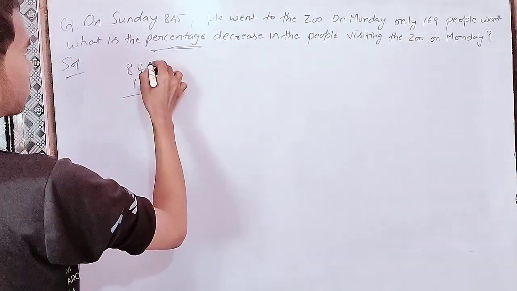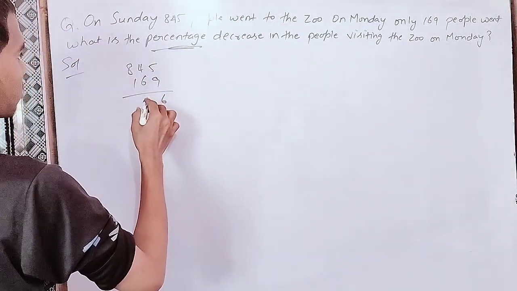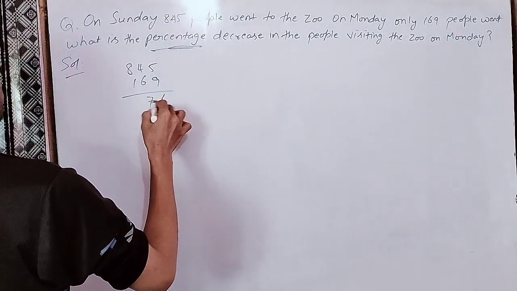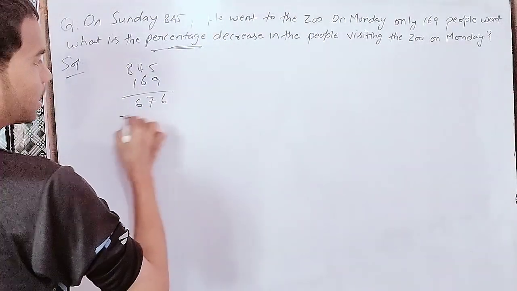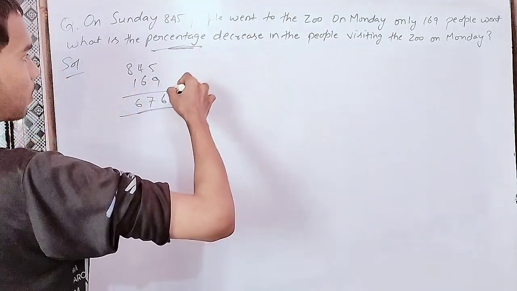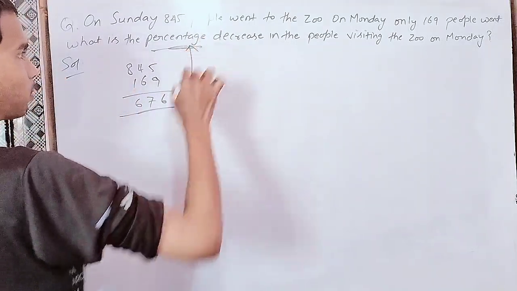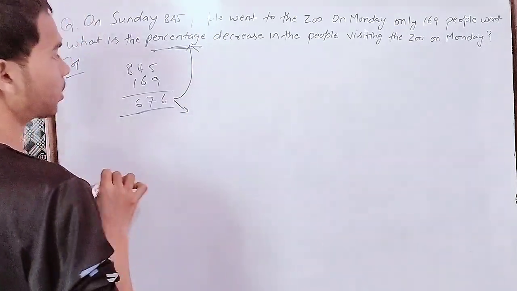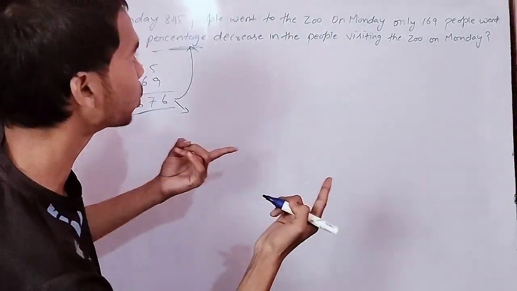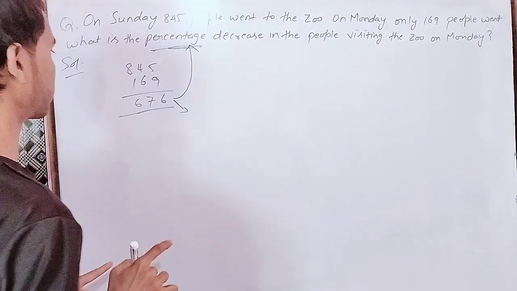Here it is 5, 6, 7, and 6. Okay, this is a number, but we need to convert it into a percentage. So this is the decrease of people who didn't go to visit on Monday.